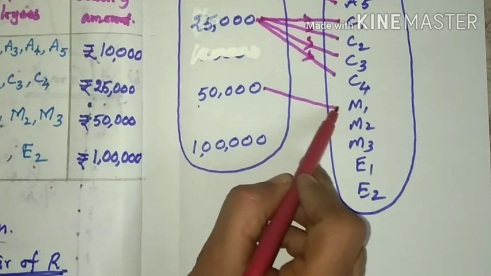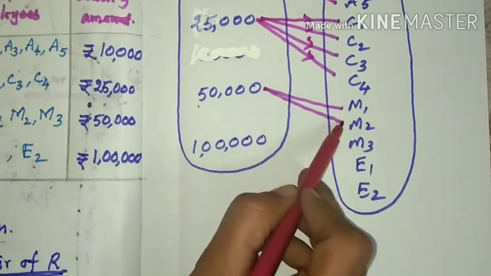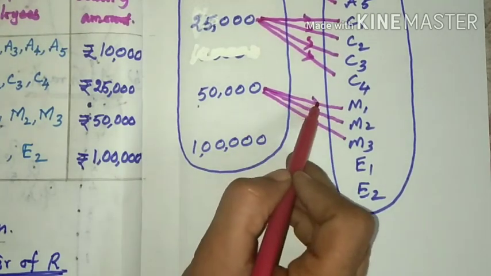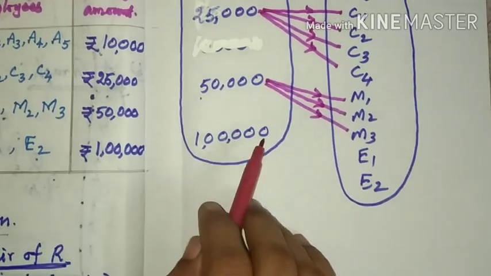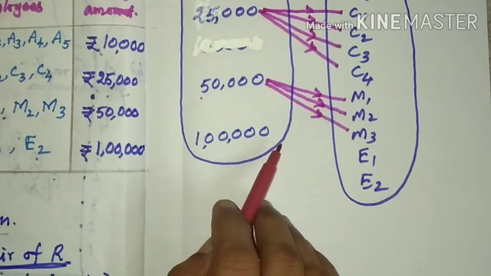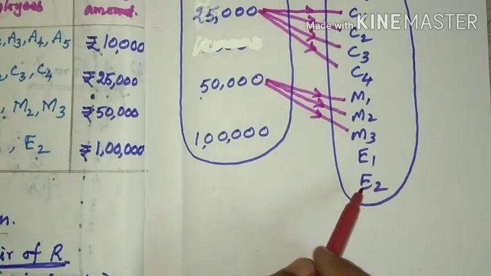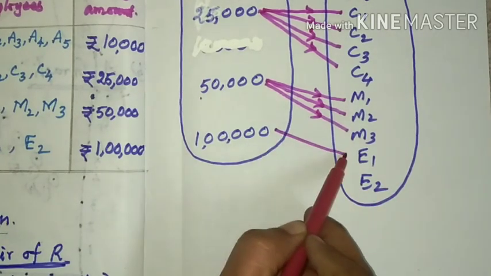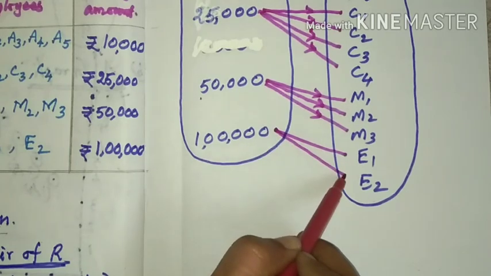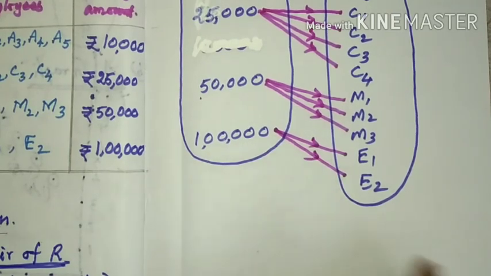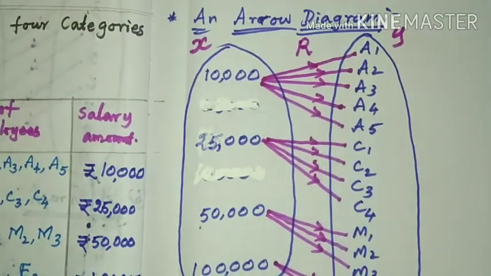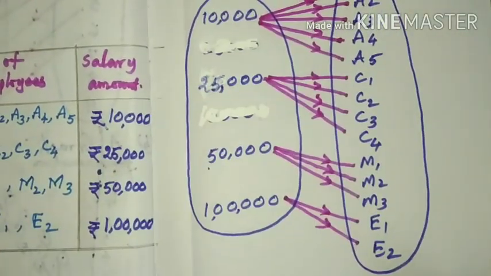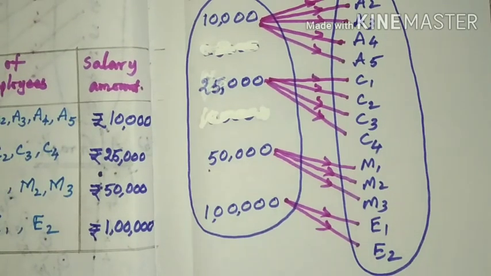Then 50,000 related to M1, M2, M3. Then 1 lakh related to each person of the executive officer category. Then 1 lakh to E1, E2. This is relation R. Okay. This is the answer for the 5th question. Write it in your note.